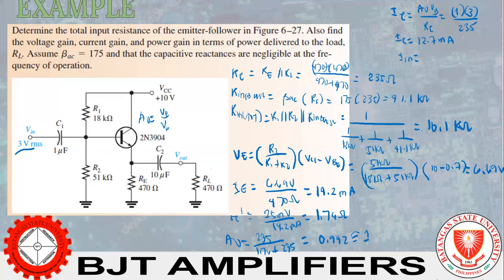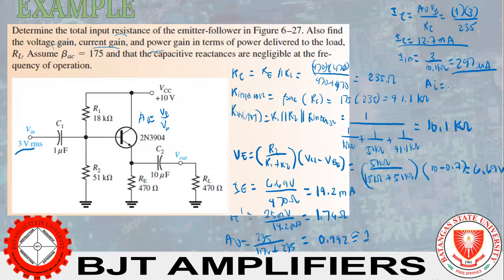Yan. So, for IN naman natin, so formula natin is VN over RN tot. So, 3 over Rin tot natin is 10.01 kilo ohms. So, ang input current natin is 297 microamperes siya. Therefore, 'yung ating current gain, nakakuha na tayo ng Rn base, Rn tot, voltage gain, current gain, and power gain.